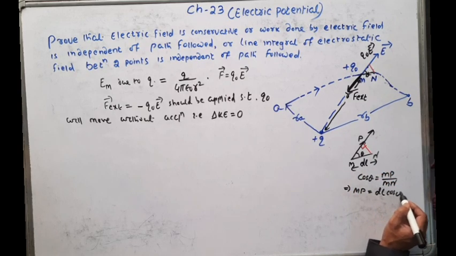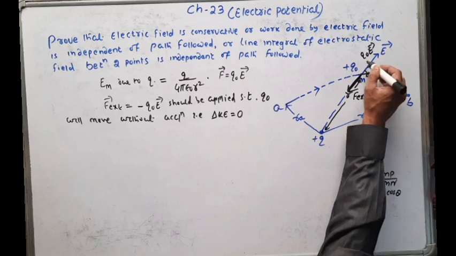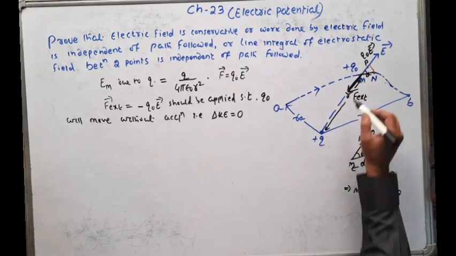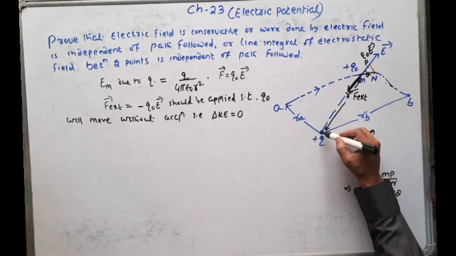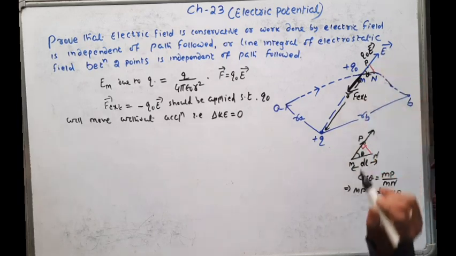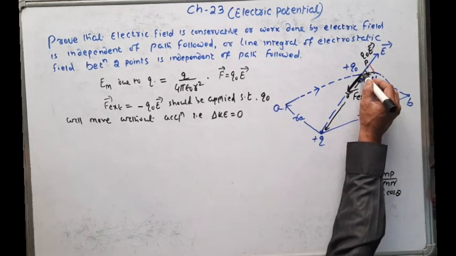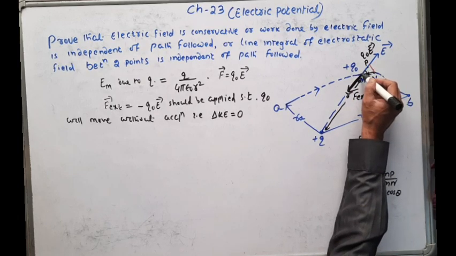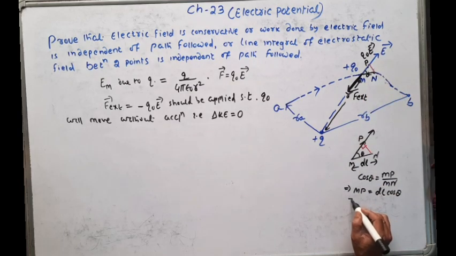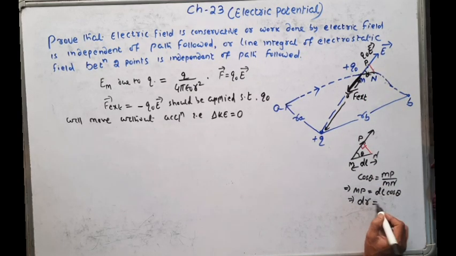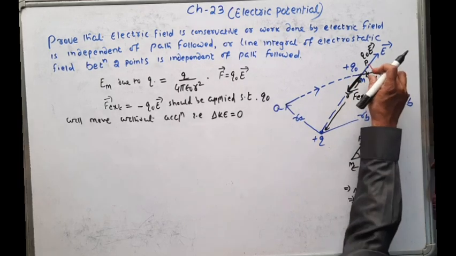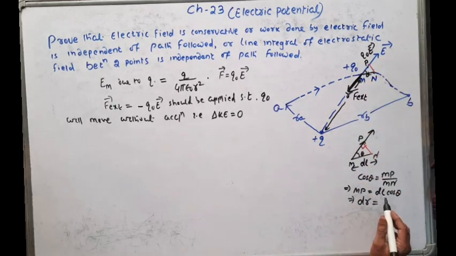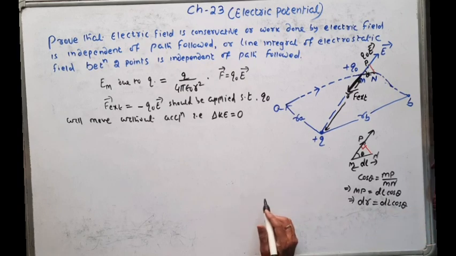But this MP is along the direction of the radial line. So when the charge particle Q naught moves from M to N, the radial distance covered is equal to MP. So that radial distance is called dr. So along the direction of r, the change in distance is equal to dr. So dr is equal to dl cos theta. I think it is clear.